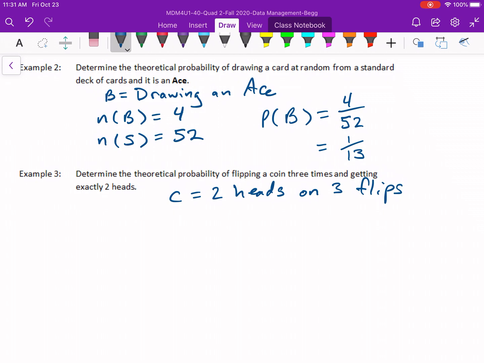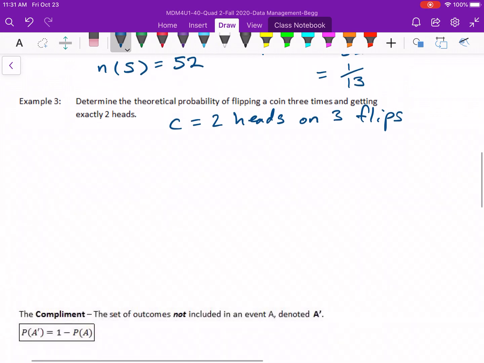I don't know if you have an intuitive sense, a subjective sense of what the probability of getting exactly 2 out of 3 heads on 3 coin flips is, but let's use a really good tool that we're going to come back to a lot in this course, a tree diagram, to help us sort this out. So if we were to flip a coin one time, there's only 2 possible outcomes.